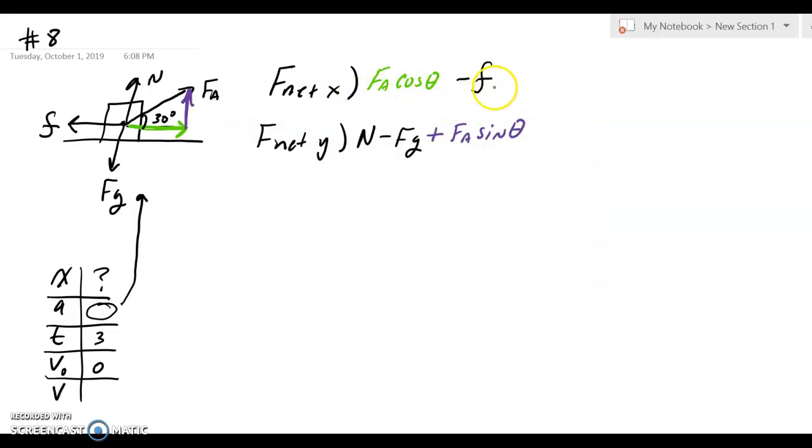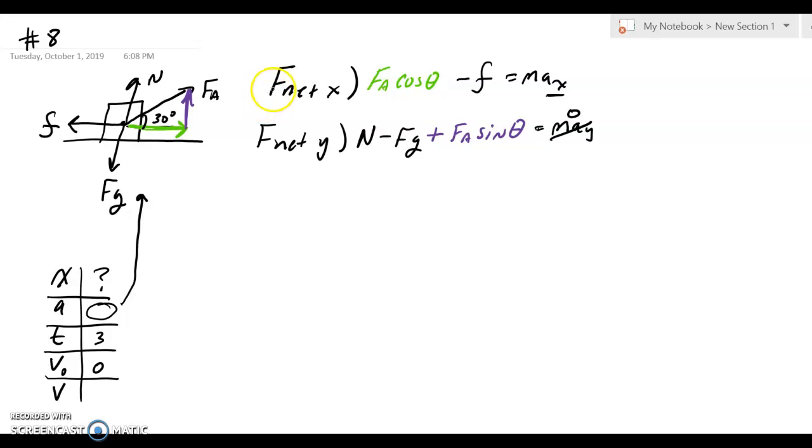So F net equals max, may. You'll get to the point where you just recognize there's not going to be an acceleration in the y direction and leave it out. But for repetition and practice, just keep writing it and then cross it out. This is our acceleration that we're solving for.